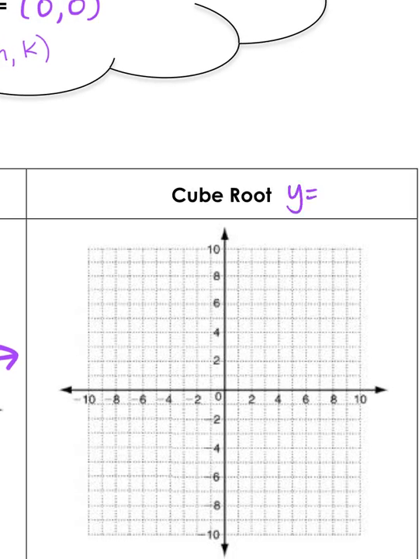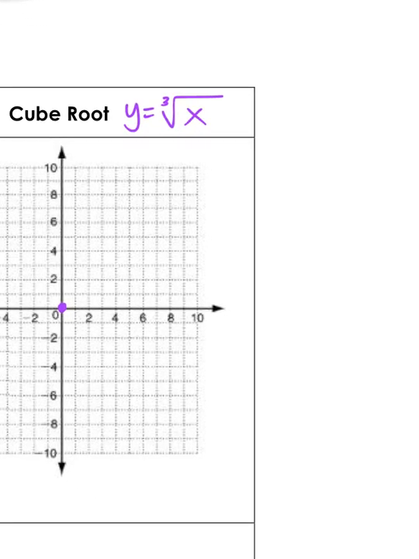That would be something like y equals the third root of x. I know that my starting point is going to be 0, 0. And I'm going to come over here and make a table. I do know that I want 0, 0 on there. And I'm probably going to want 1.